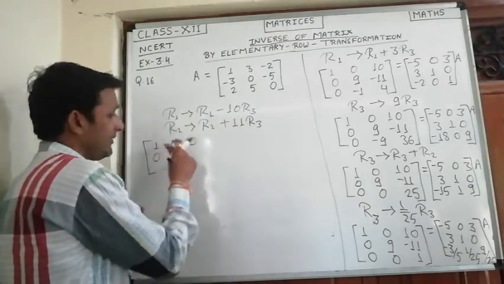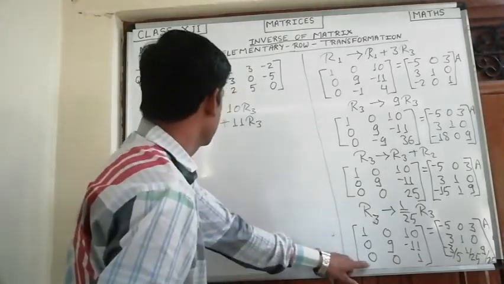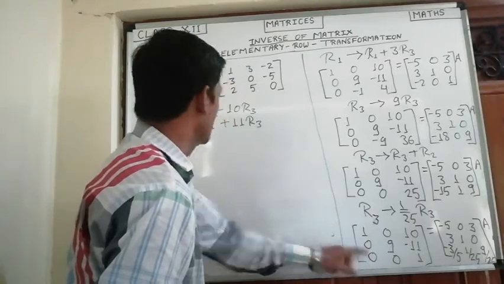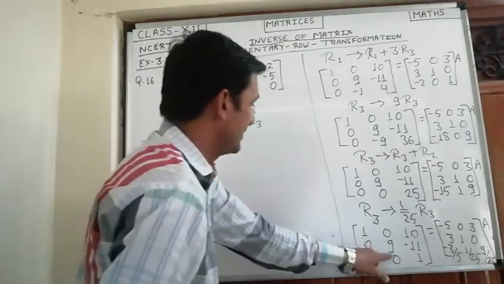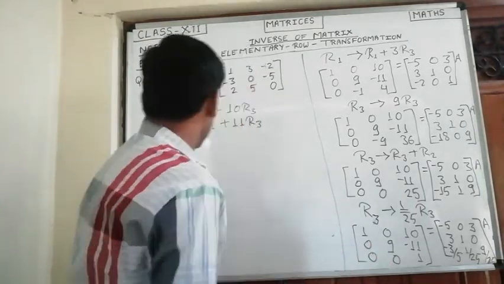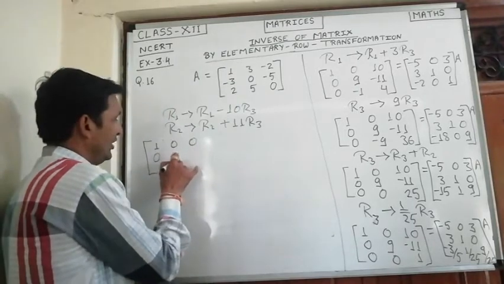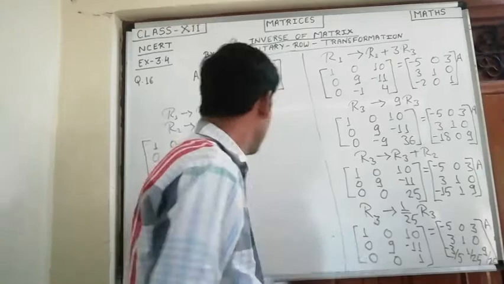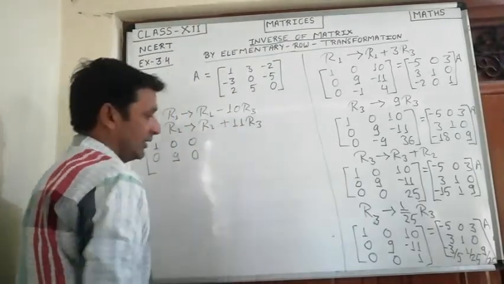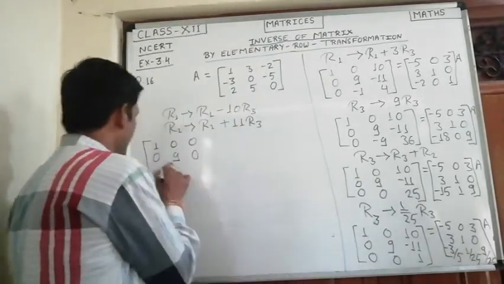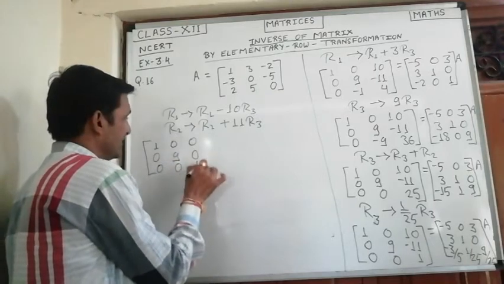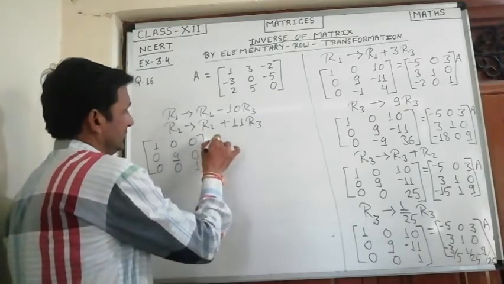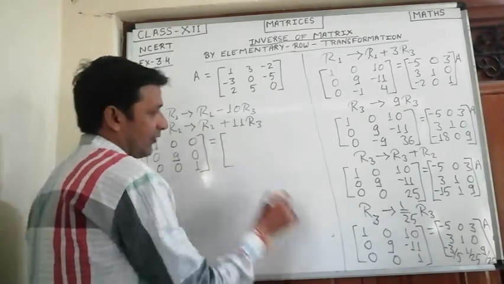It is 0 only, because 0 minus 0 plus 11 into 0, that is 0. 9 plus 11 into 0, that is also 9 only. Now minus 11 plus 11, it will be 0. And here it is 0, 0, 1. So 0, 0, 1 is the last row.